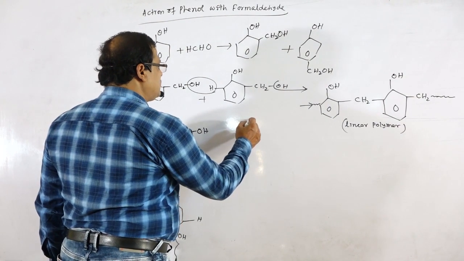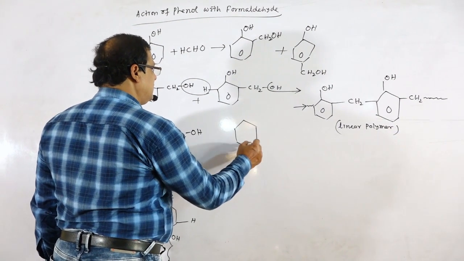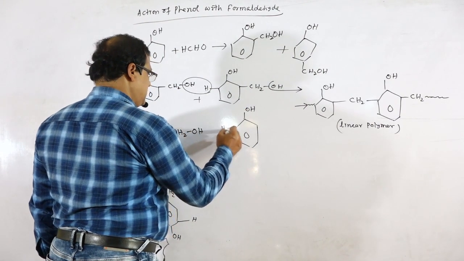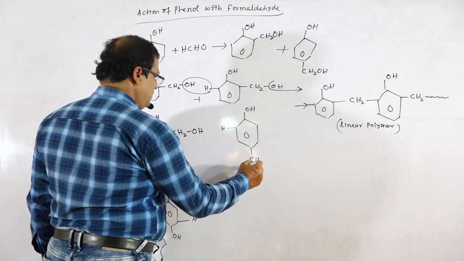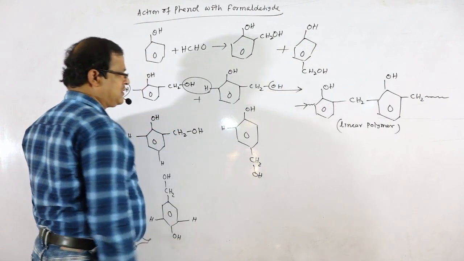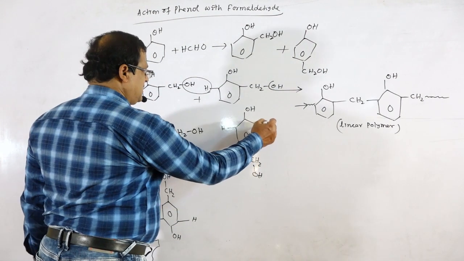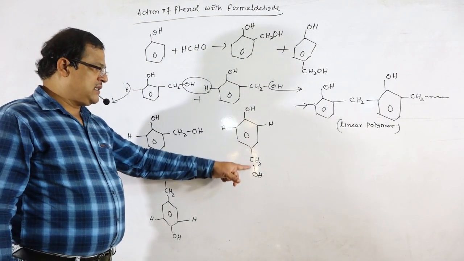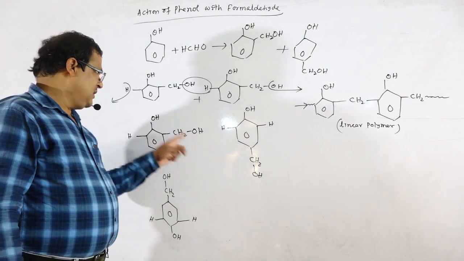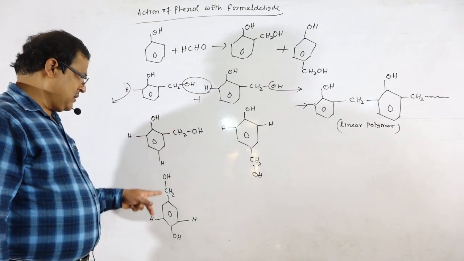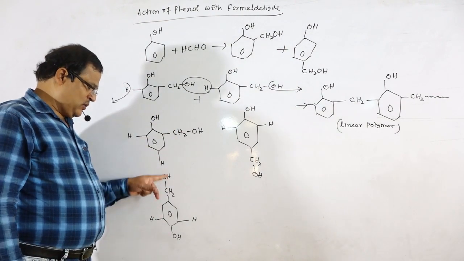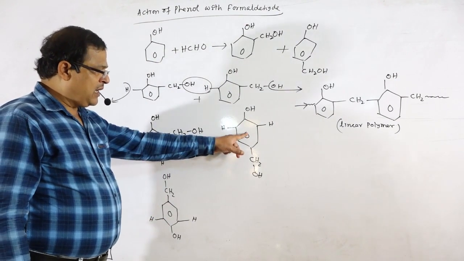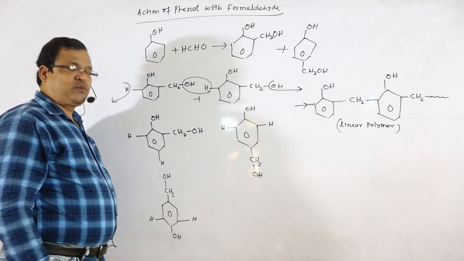Again this combines with another unit, OH, H, CH2OH. This is the para product. Again H, OH and CH2OH in the para position, OH and CH2OH in the ortho position. Para, ortho, para. Next we write down another ortho product.